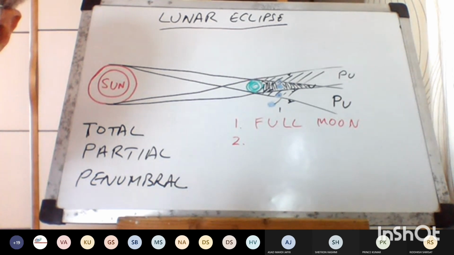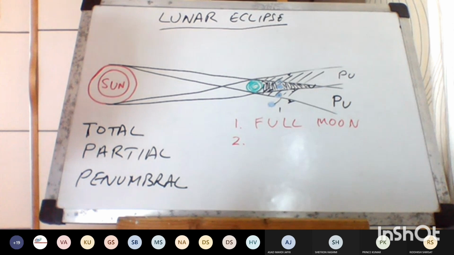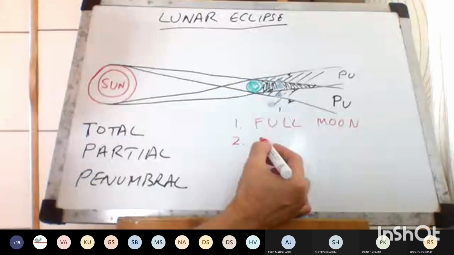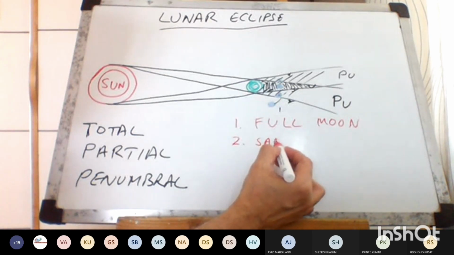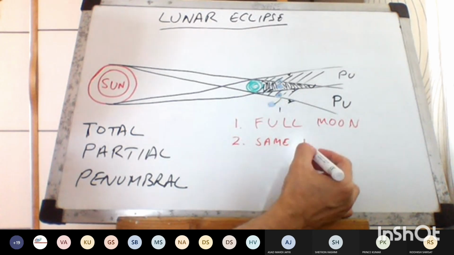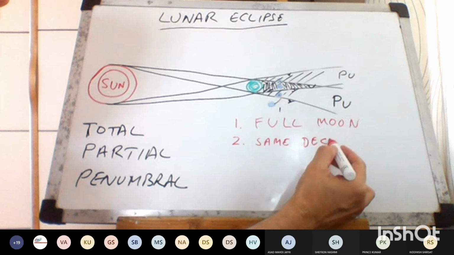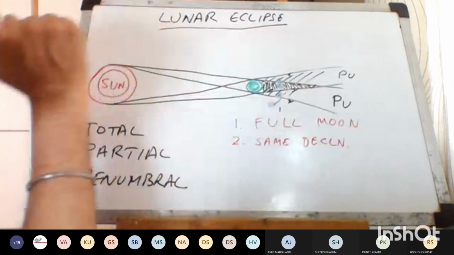At the equinoctial the sun's declination is 0, but the node is shifting along the ecliptic. So the declinations of sun and moon may change. The point is, declination should be same. Same declination of the sun and the moon.